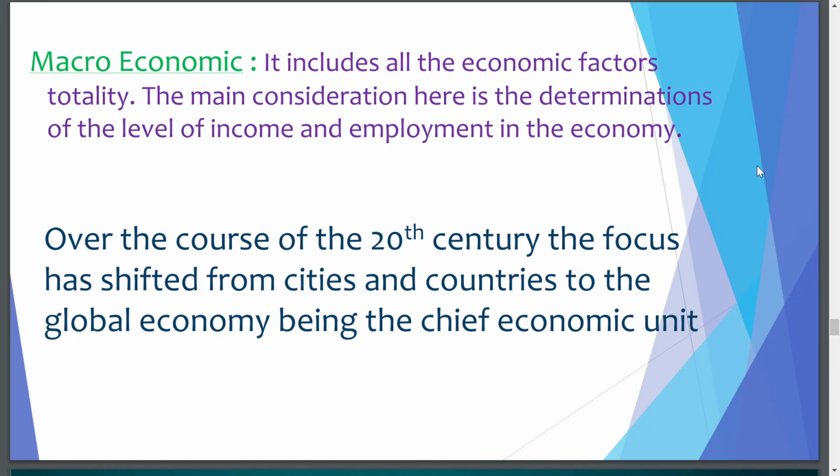Then we have macroeconomic. It includes all the economic factors, the totality. The main consideration here is the determination of the level of income and employment in the economy. Over the course of the 20th century, the focus has shifted from cities and countries to the global economy being the chief economic unit.